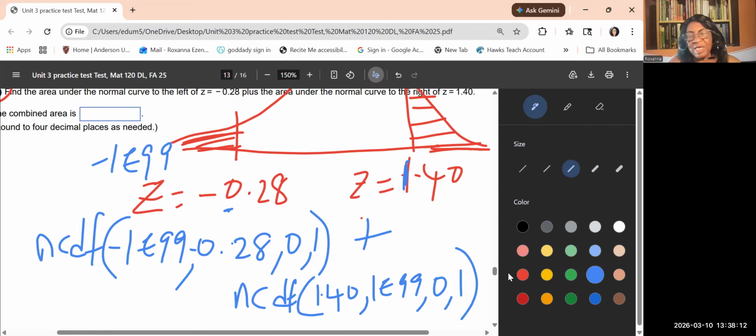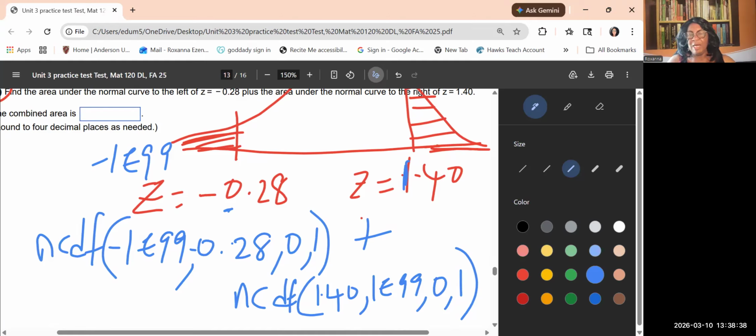I know why I'm doing so many examples in normal distribution again, because you really can't do statistics without knowing normal distribution. Okay, so I will calculate the first one and store it in my X, and calculate the second one, store it in my X also. Then I add all of them together.